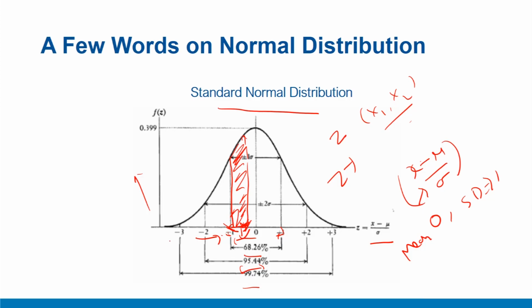So if it follows normal distribution, then as per standard normal distribution, these properties will hold no matter what the mean and standard deviation are. That means within ±3 standard deviations you have 99.74% of the probability, within ±2 you have 95.44%, and within ±1 there's 68.26% probability that observations will lie within this.